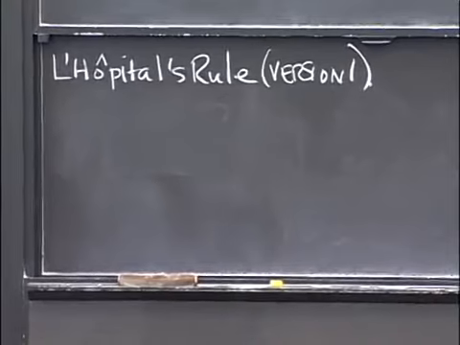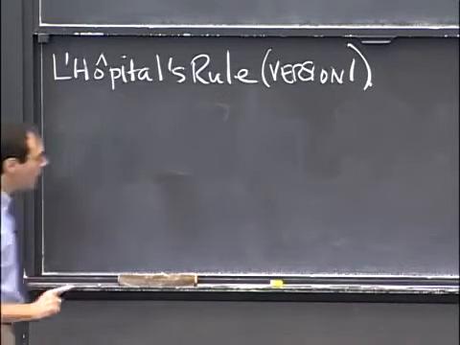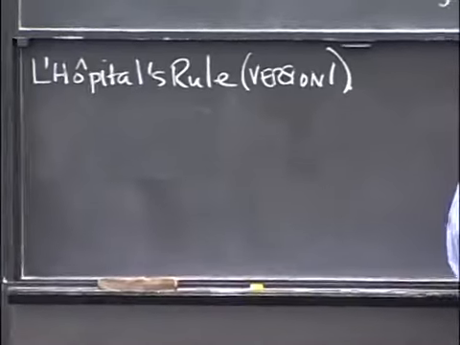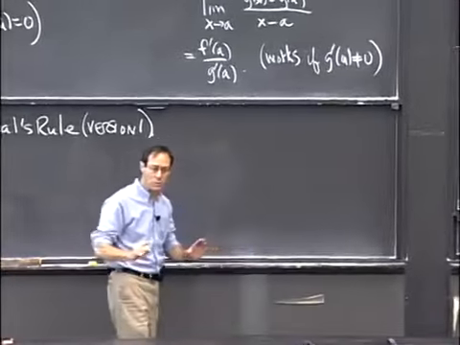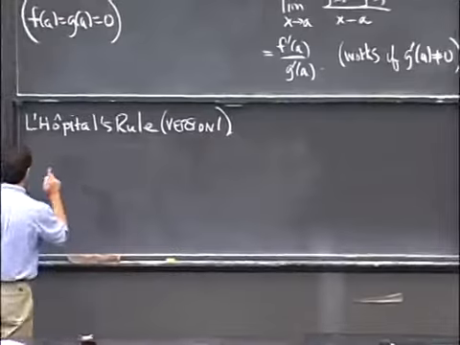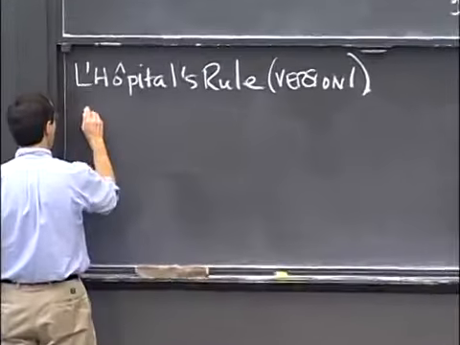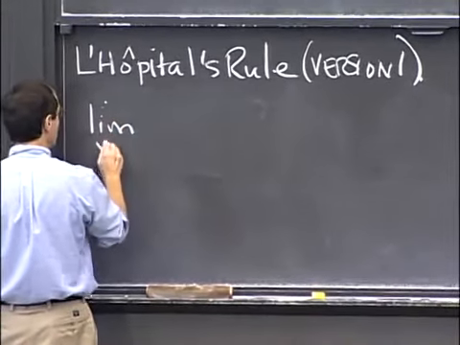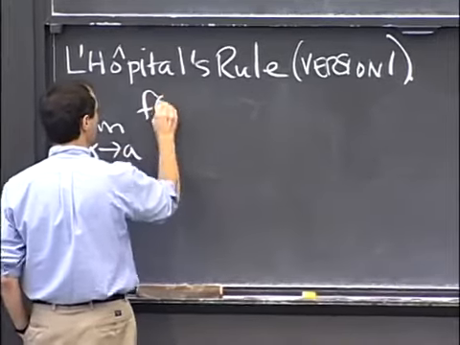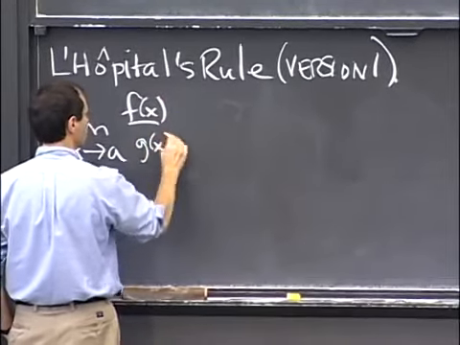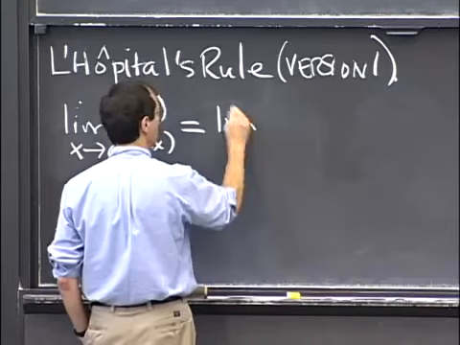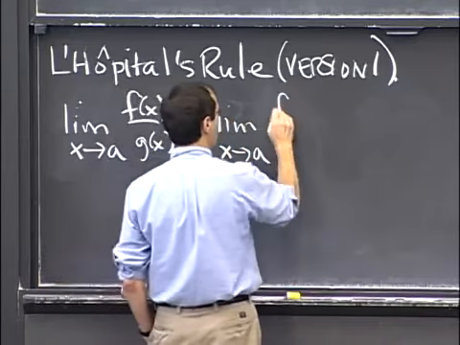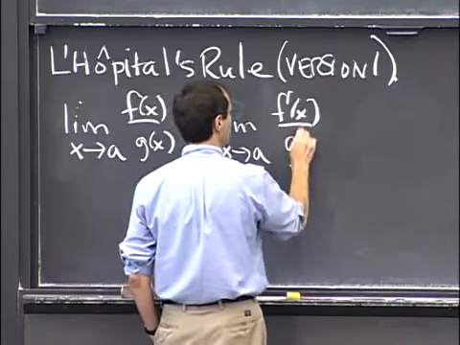It's going to be much, much better and more useful, all right? And what it's going to take care of is this problem that the denominator is not 0, all right? So now here's what we're going to do. We're going to say that it turns out that the limit as x goes to a of f of x divided by g of x is equal to the limit as x goes to a of f prime of x divided by g prime of x.